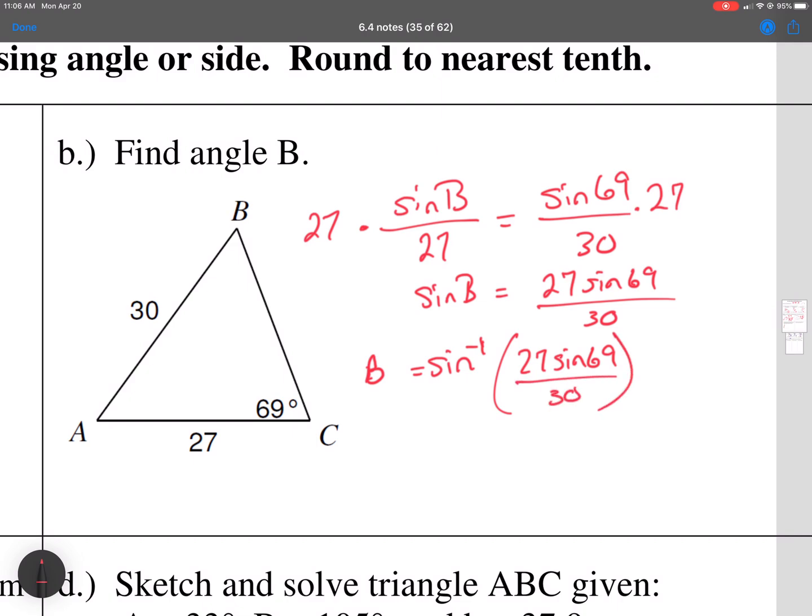So I'll type this in the calculator using second sine to get the inverse. Remember to use my fraction bar. Divided by 30. And that gives me B equals 57.164 degrees. Notice that this angle is less than 69, but side b is also less than side c. So our answer does make sense.